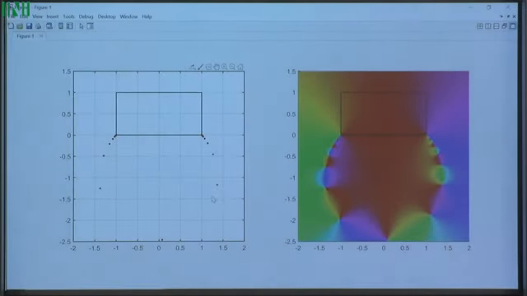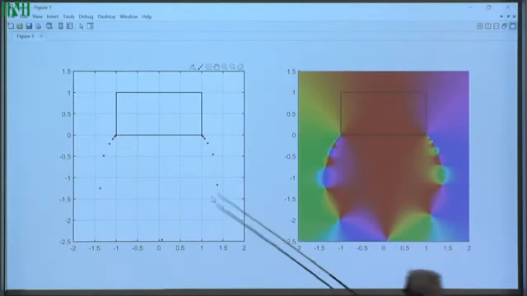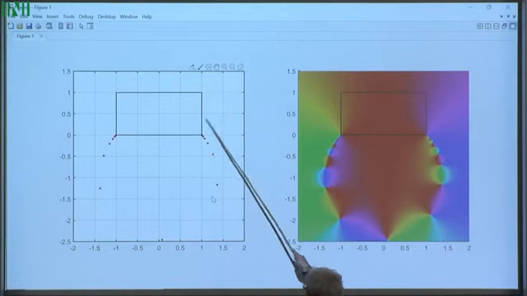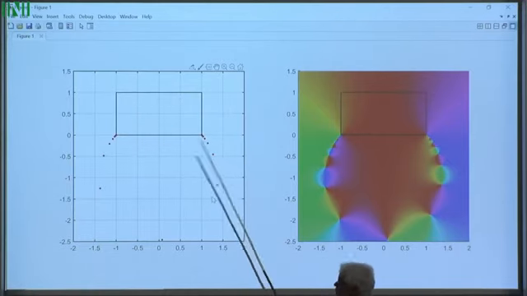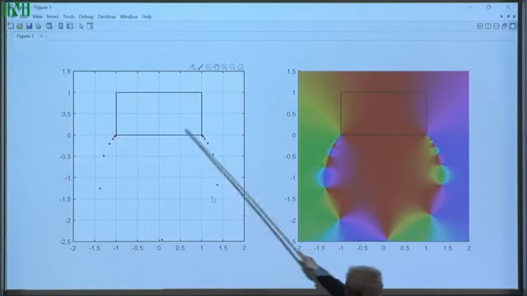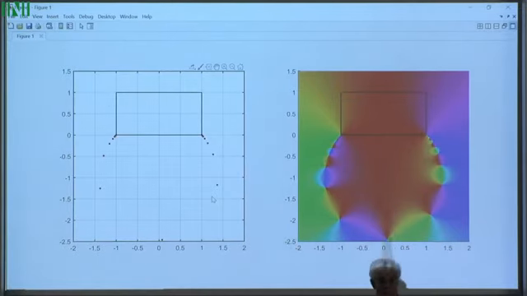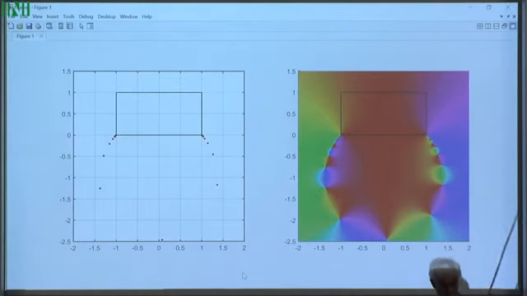So we have the 6,000 points delineating a rectangle. The function has branch points here and here. And AAA has computed an approximant whose poles lie on a curve connecting the branch points. And there's a lot of beautiful theory about the curves that rational approximants find delineating branch cuts.